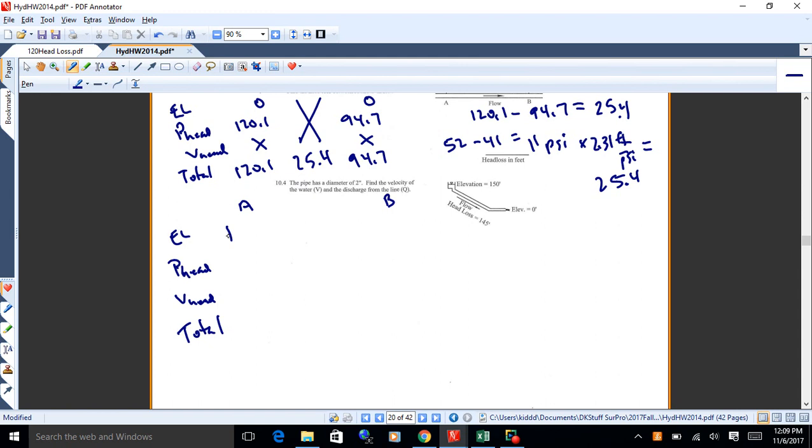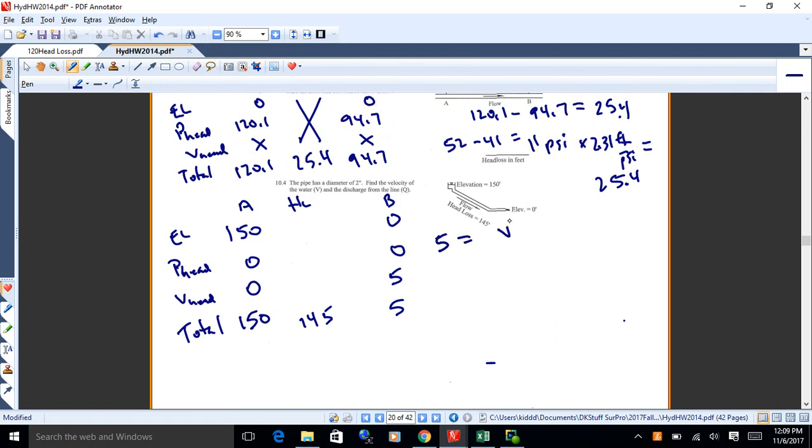Here you've got 150. No pressure at the top of the reservoir, no velocity head up there. So that's 150. And then you've got 145 feet of head loss, so you end up with 5 feet of energy at B. No elevation, no pressure, so it all goes into velocity.